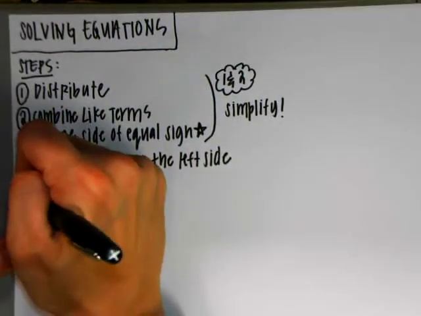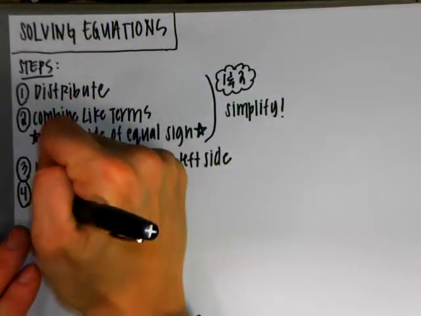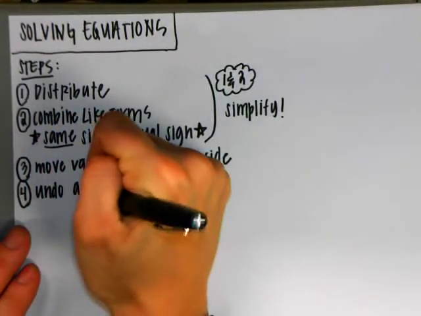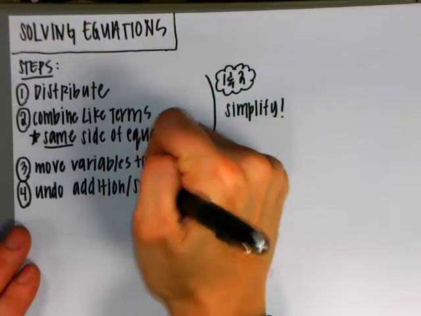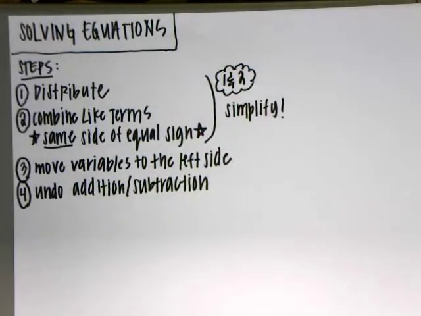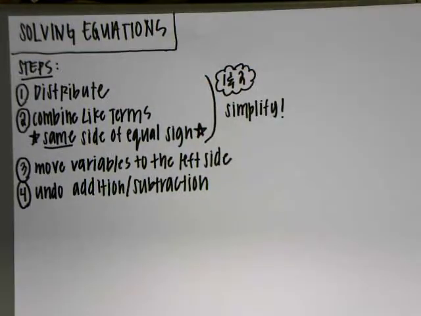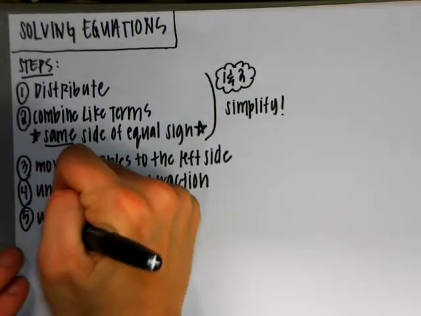All right, and then step 4, you're going to undo the addition and subtraction. And then last step, undo the multiplication and division.